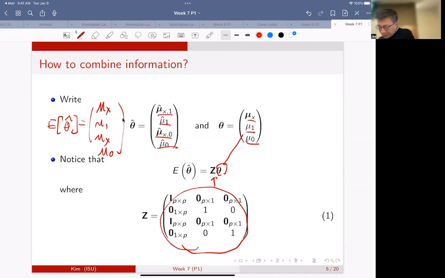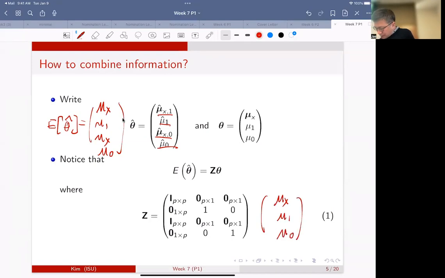So let's check. If I multiply mu x, mu 1, mu 0, then this is a p dimensional vector, this is a scalar, this is a scalar. So this is the column, we have p plus 2 columns, here p plus 2 rows.